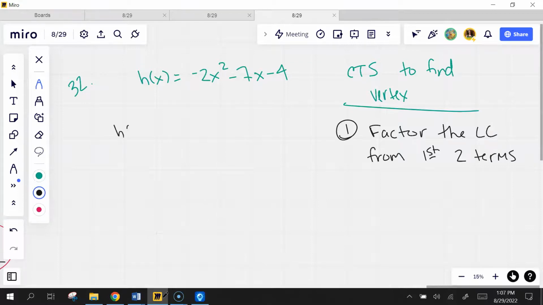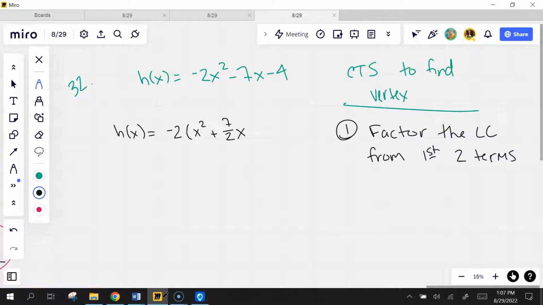So here I'm going to have h of x equals, if I factor it out of just the first 2 terms, now I am factoring -2, so I have x squared plus what's left in the middle. It doesn't divide by 2. 7, no. What'd you say? Over 2. That's exactly right. 7 over 2 x.